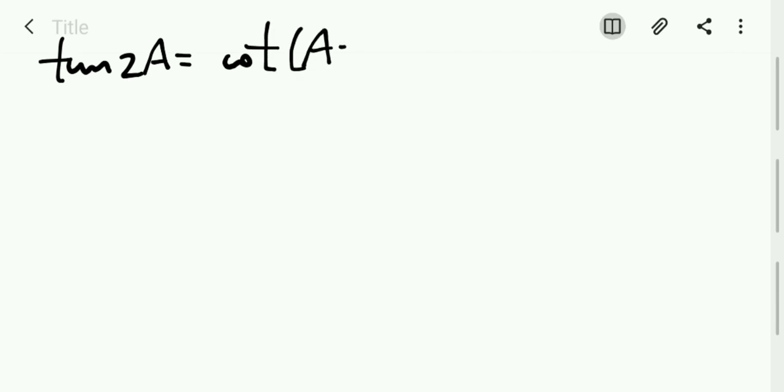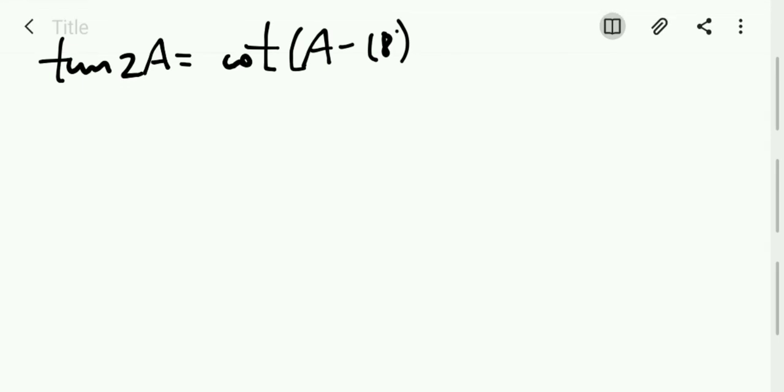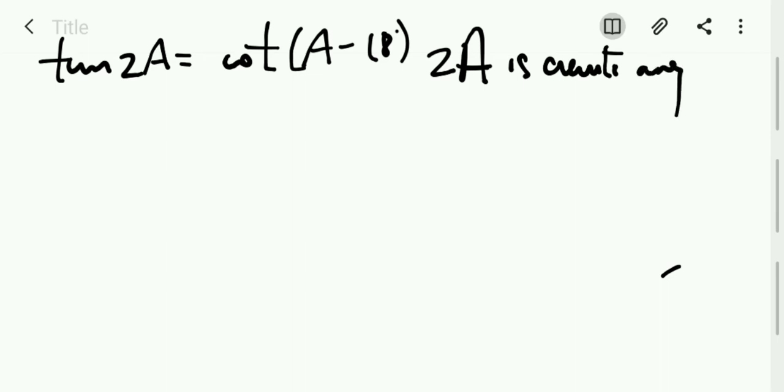So let me just rewrite the sum, which is tan 2A is equal to cot (A minus 18), where 2A is an acute angle. Find the value of A. So this is the question.